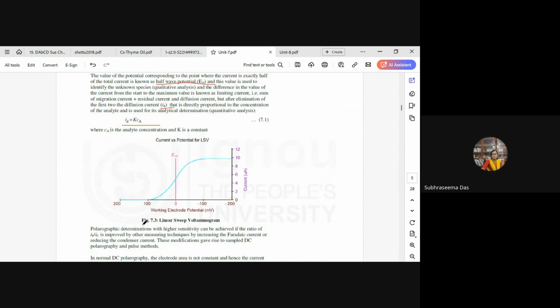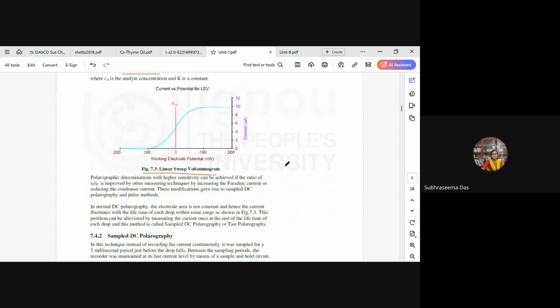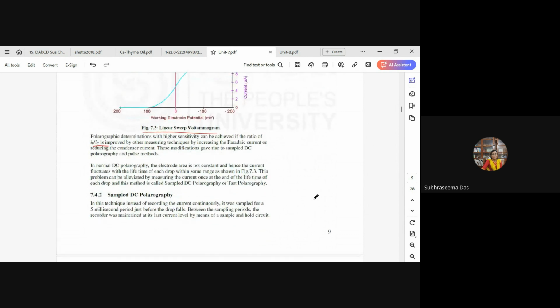And this figure 7.3 shows the current versus potential, this is the voltammogram for an LSV. Here we can see that polarographic determinations with higher sensitivity can be achieved if the ratio of i F by i C is increased. Now in normal DC polarography, the electrode area is not constant, and hence the current fluctuates.